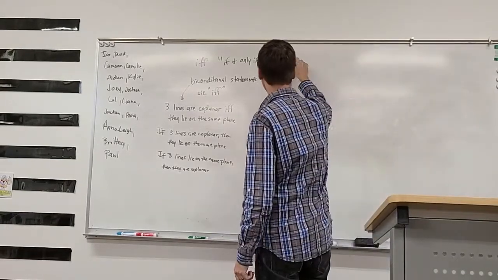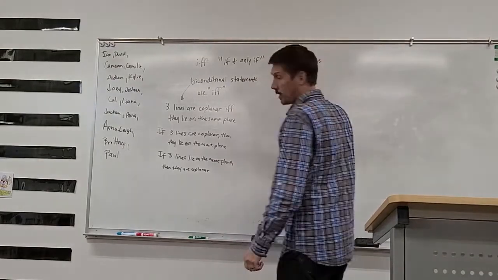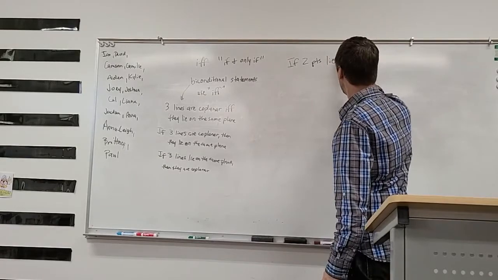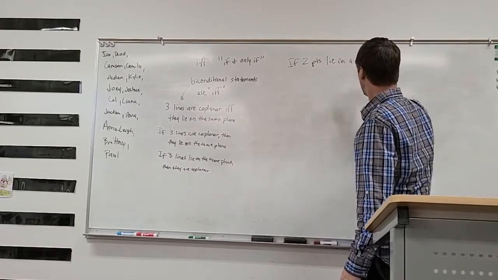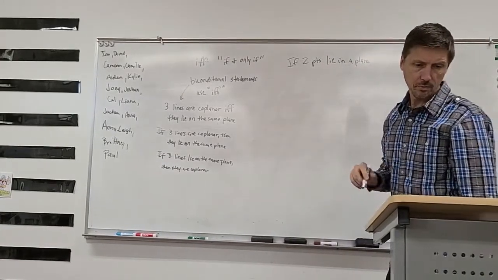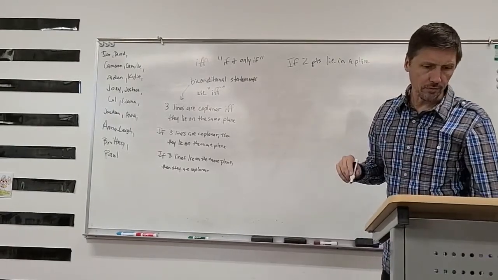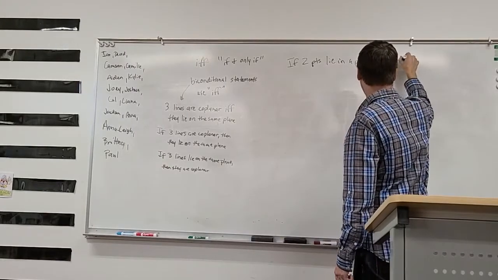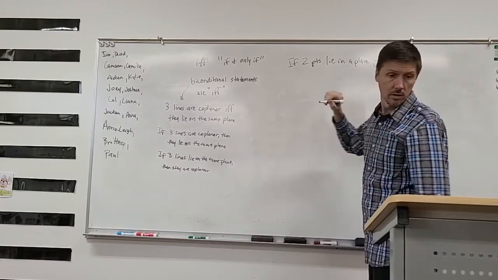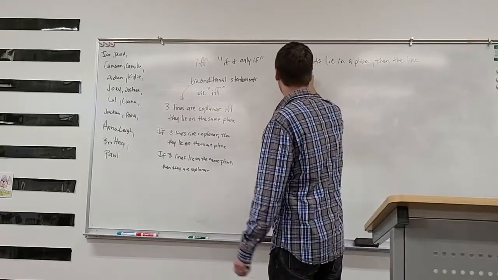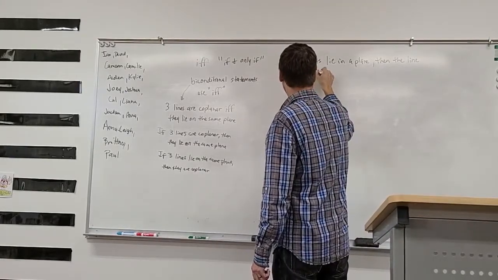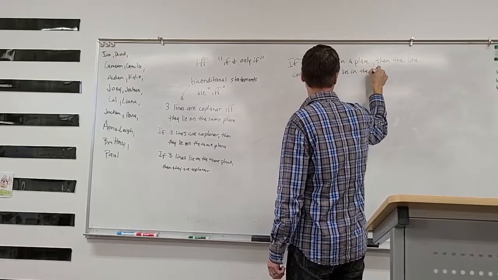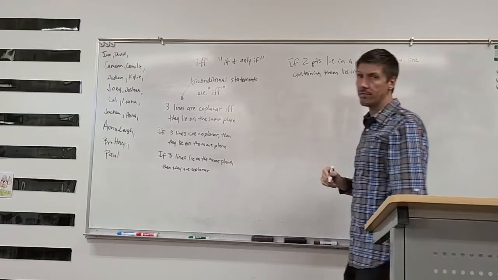If 2 points lie in a plane, then the line containing them lies in the plane. All right, so that's our original if-then.